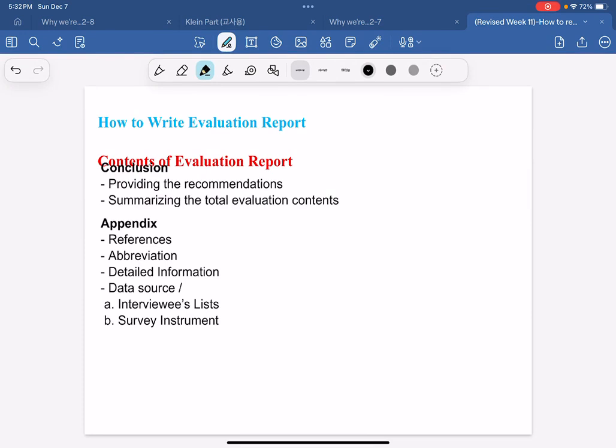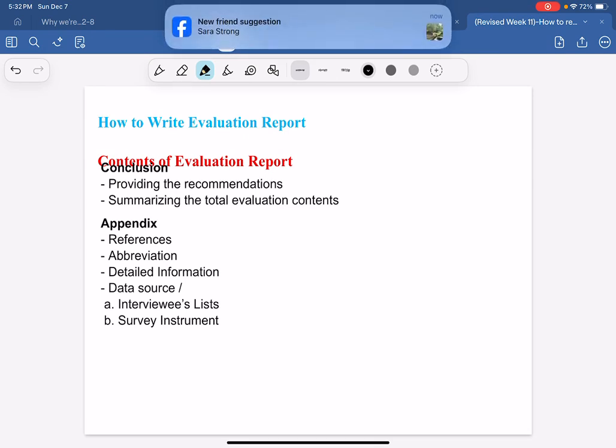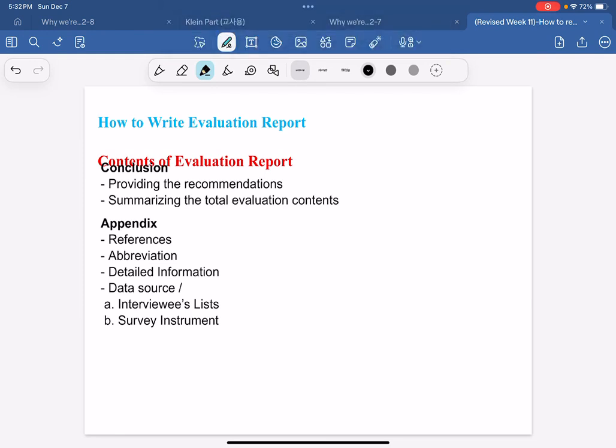Lastly, the conclusion should be created and written. In the conclusions, the most important part of the conclusion is to provide the recommendation, policy recommendation.